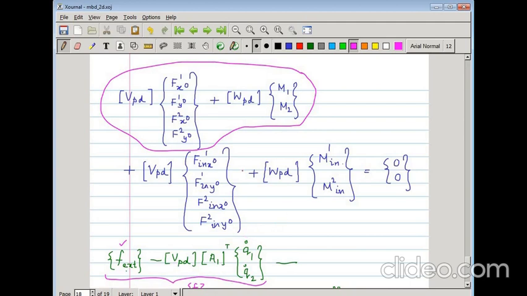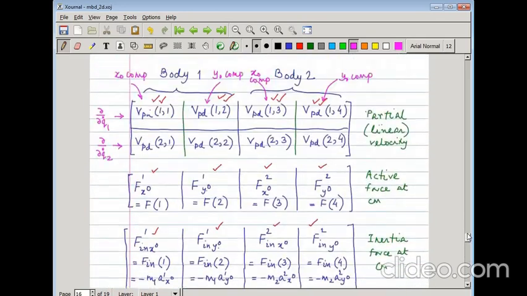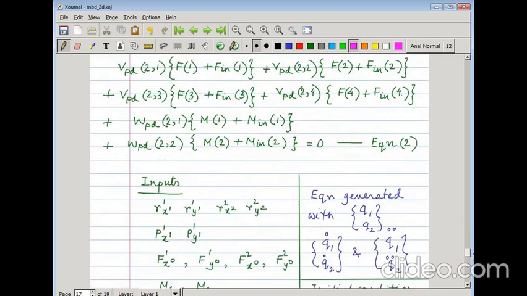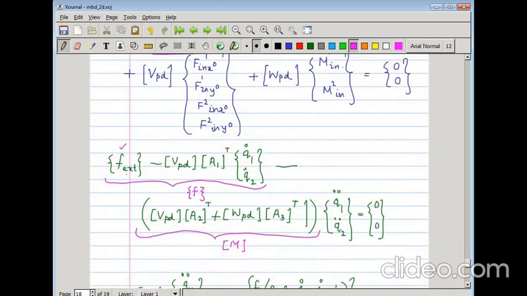And we know this term is, okay, let us go back. Yes, we know this is this minus this. So the column vector is transpose of this is A1 transpose minus A1 transpose column vector Q1 dot Q2 dot minus A2 transpose column vector Q1 double dot Q2 double dot, and exactly that's what has been done.